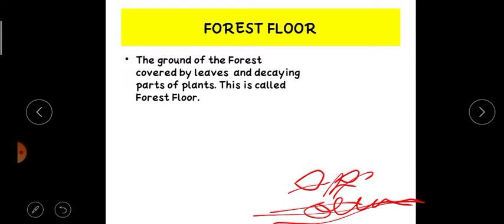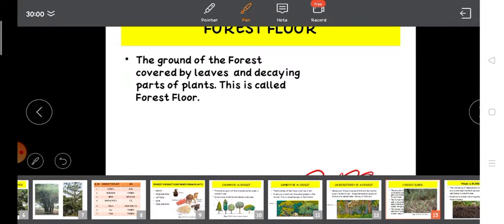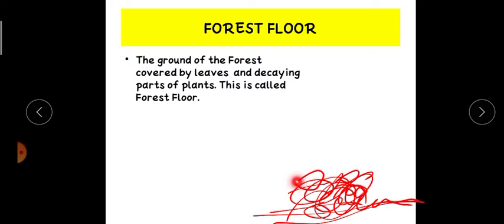Some plants may have died, and their dead and decaying parts are falling on the floor. These will later form a very important thing in your forest ecosystem, that is humus. We will know about it later.